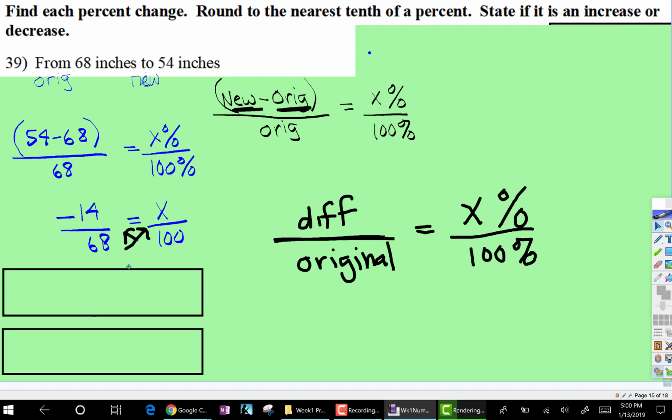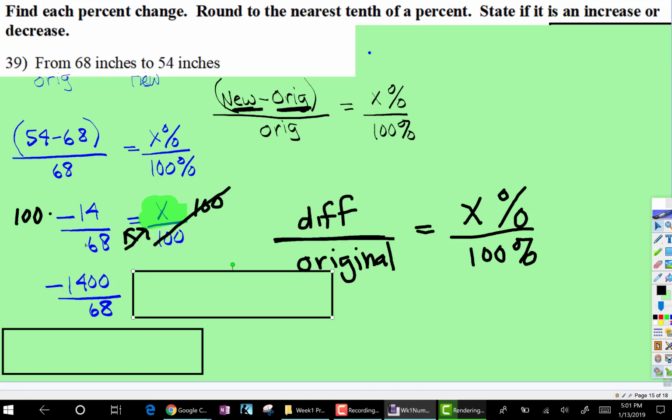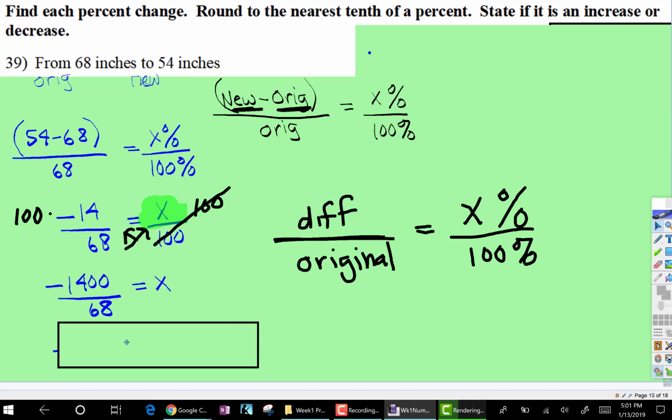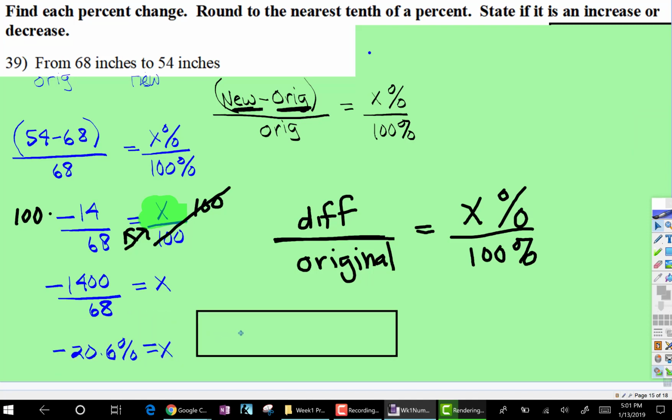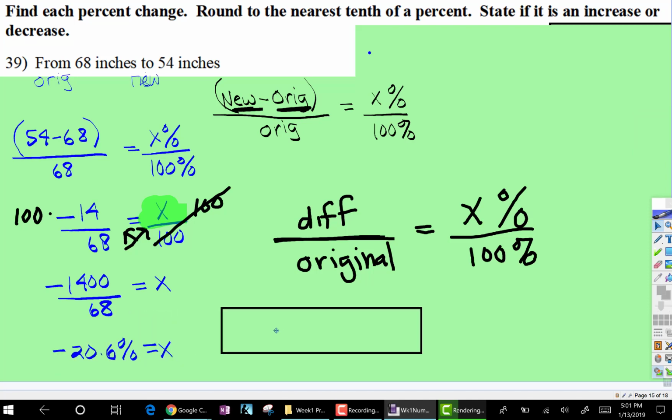And then you're going to cross multiply. Well, and actually, since we want to get the x by itself, I'm going to show you a little trick. You don't have to cross multiply. We can just multiply both sides by 100. And then we're going to have negative 1400 divided by 68 is equal to x. And then when you take your calculator and you do negative 1400 divided by 68, you're going to have negative 20.588, and it keeps going.